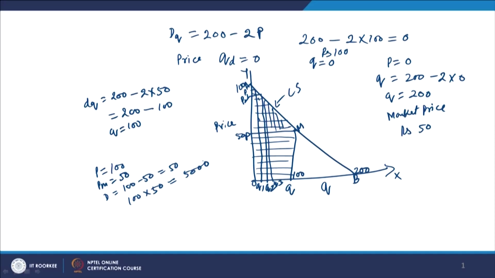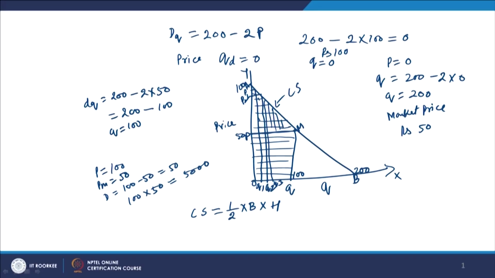So, the above portion is consumer surplus, and you can easily estimate it by a simple formula: CS is 1 upon 2 into base into height. Base is this PM, which means quantity.